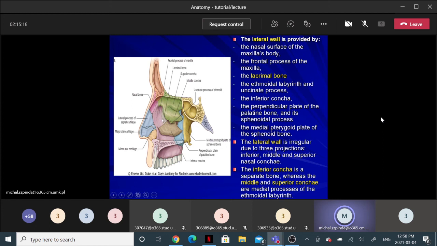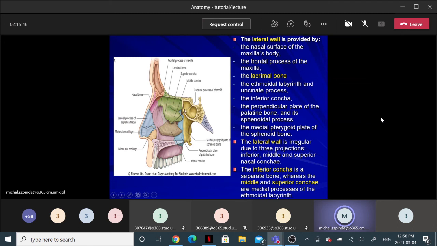The next component is the lacrimal bone, present in both the medial orbital wall and here. And the next part refers to the ethmoidal labyrinth. Its lateral part, facing the orbit, is very frangible and called orbital plate, lamina papyracea.